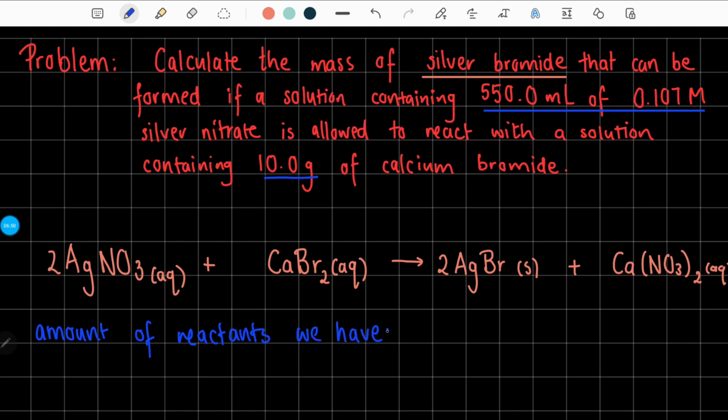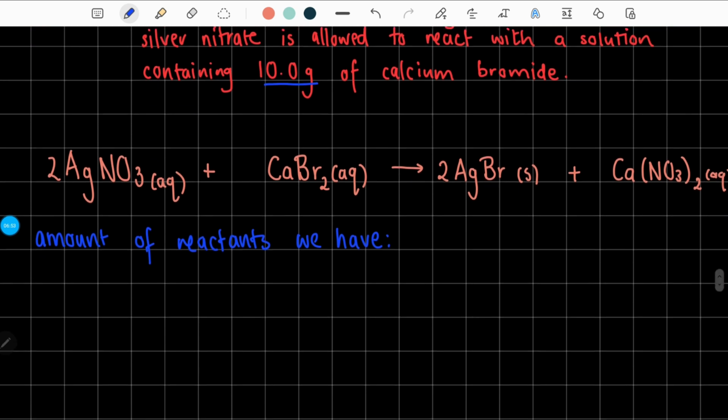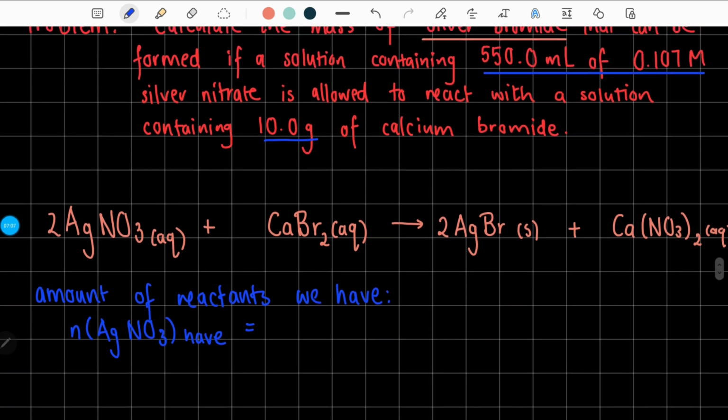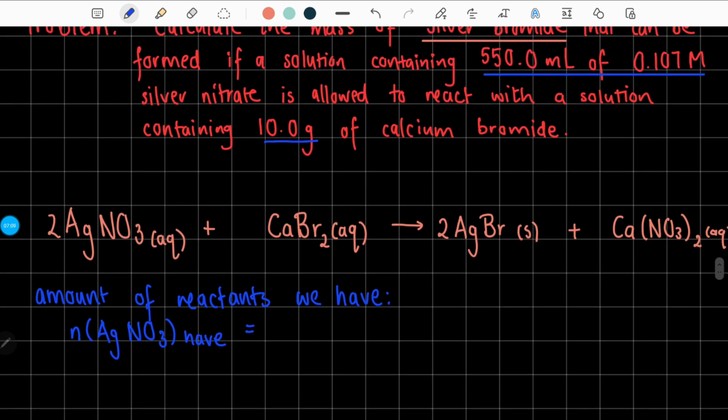Okay, so let's first find the number of moles of silver nitrate that we have. Okay, now we are told that we have this 550 mL of 0.107 molar silver nitrate.